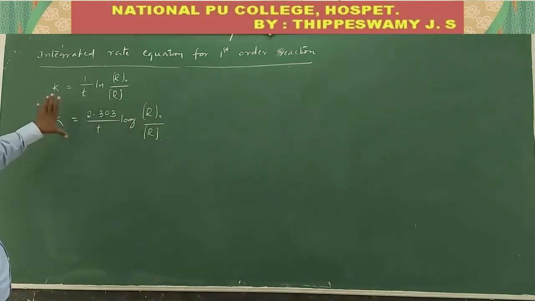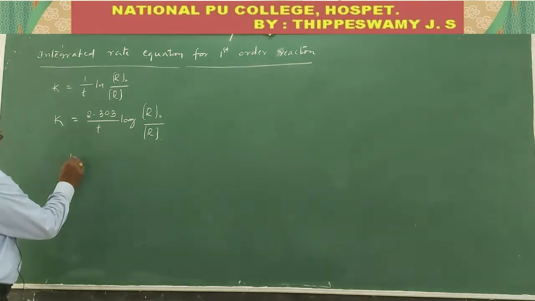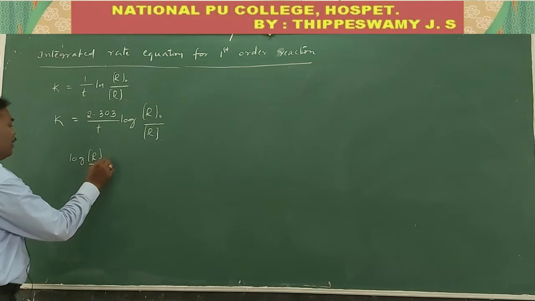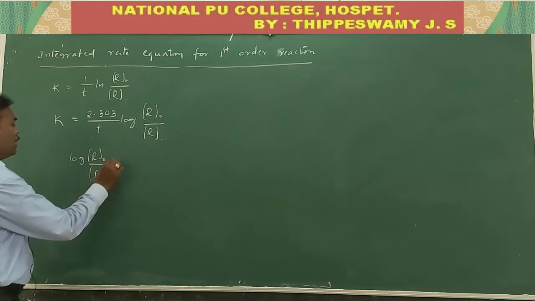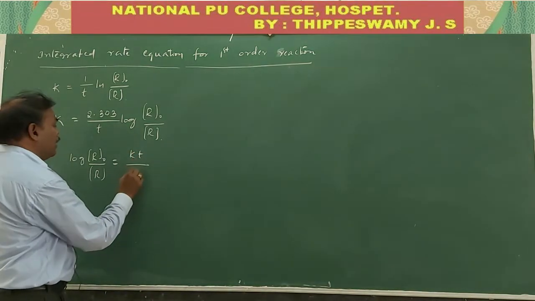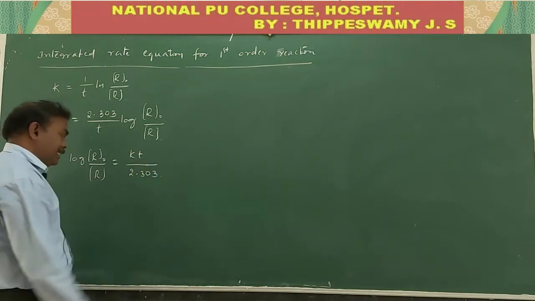So this is the equation we have studied. This can be written as log(R0/R) = kt/2.303. Like this also we can write.